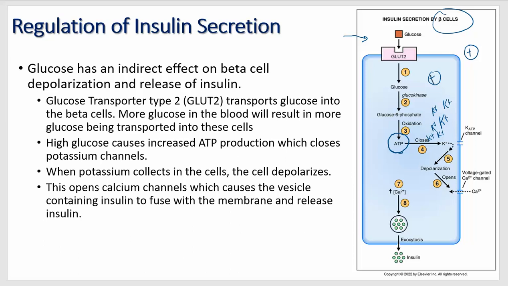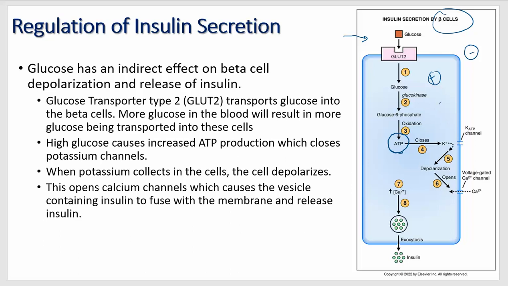And suddenly you have depolarization. Okay? So that additional potassium building up inside the cell will cause depolarization of this cell. Now, it's not like an action potential, so it's not the same type of depolarization. I mean, it's the same depolarization as depolarization.